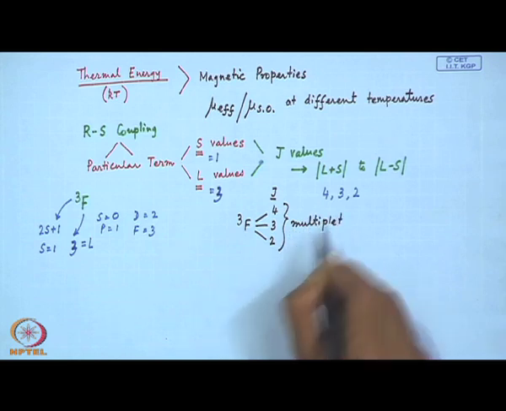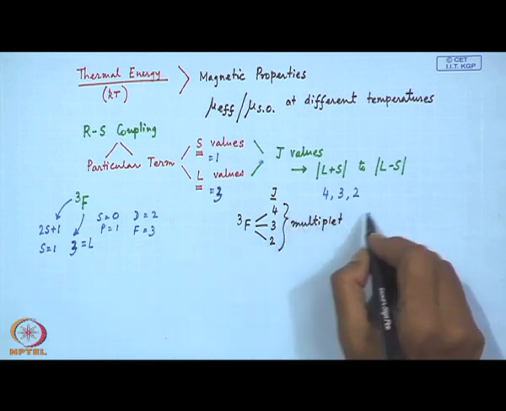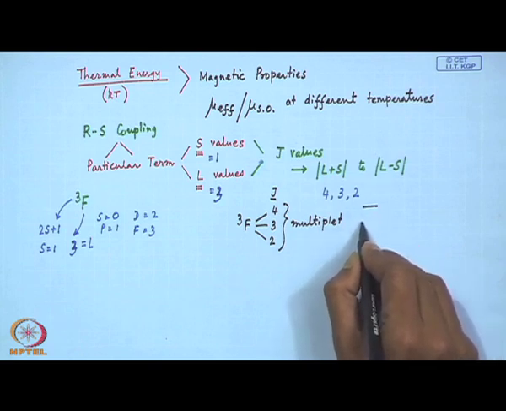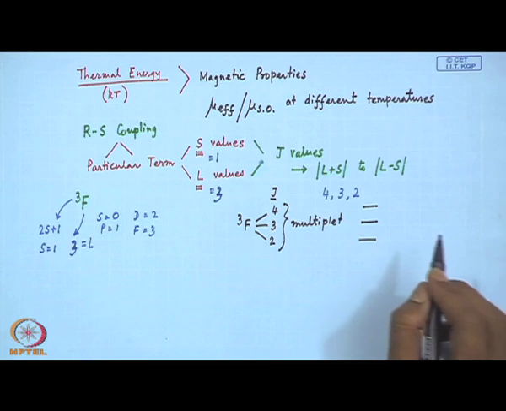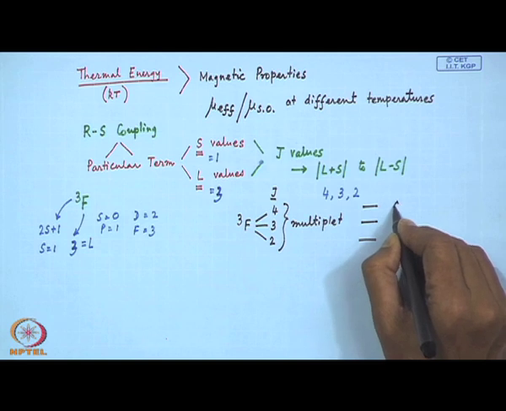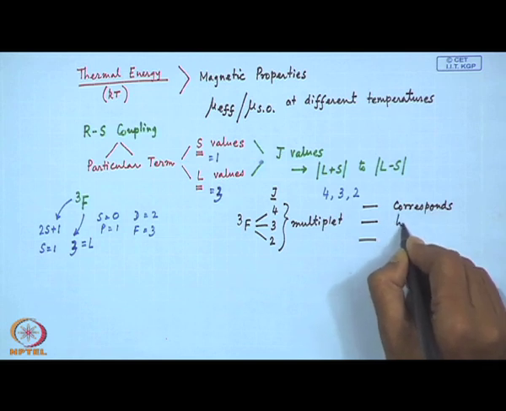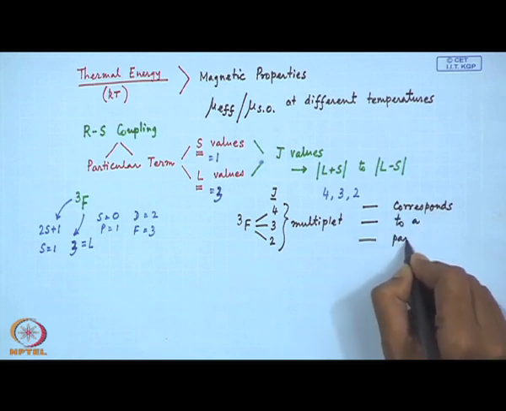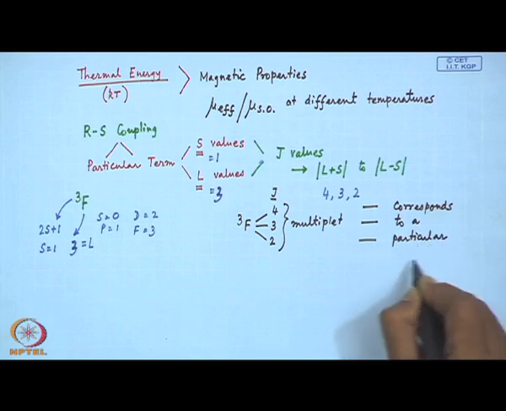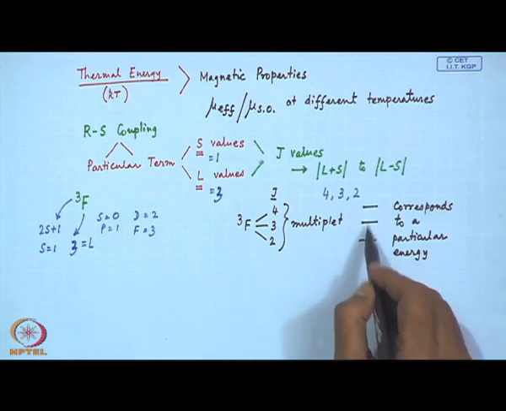Each of these states, J equal to 4, J equal to 3 and J equal to 2, corresponds to a particular energy value.